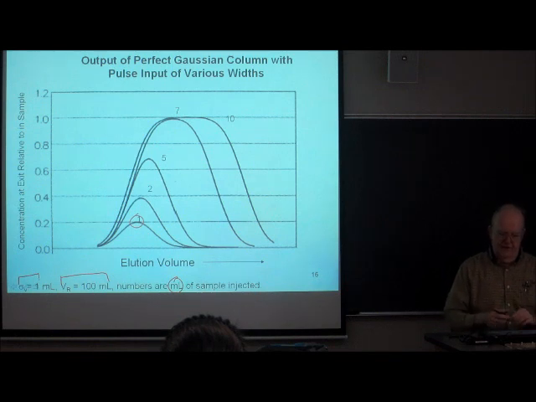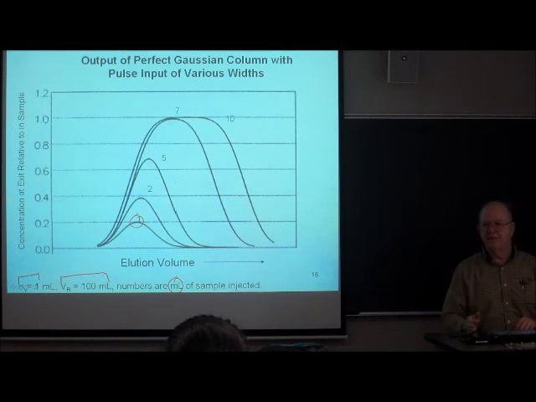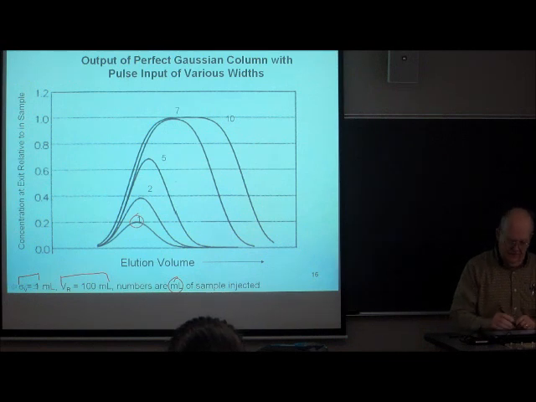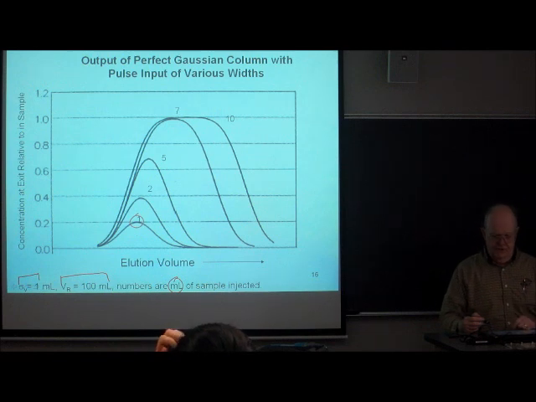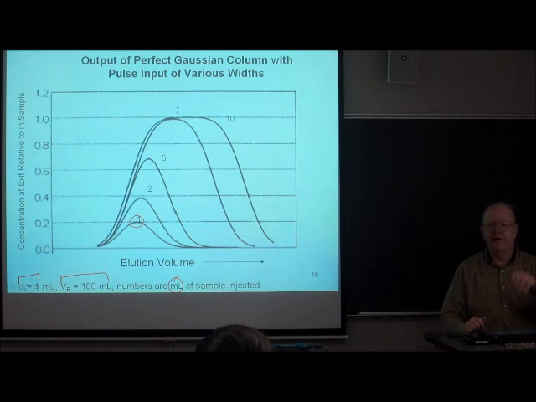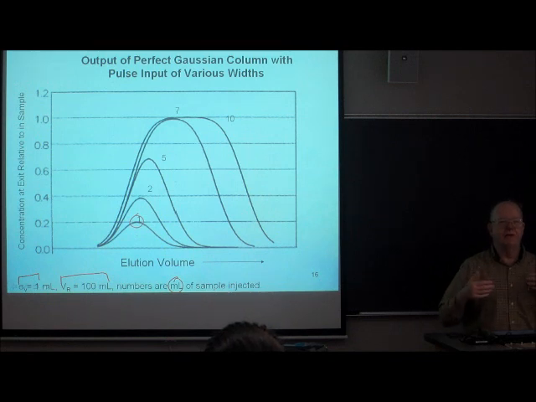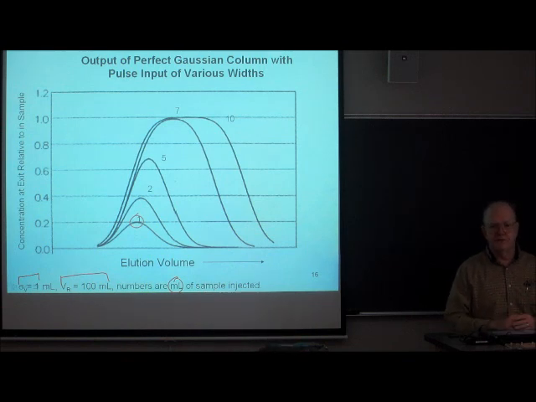So what I'm saying is, if you inject 1 ml into this column, you're going to get a peak that looks very, very Gaussian. If you inject twice as much, the area under that peak is going to exactly double. Why has it doubled? Because you've injected twice as many moles or twice as many grams of sample. The injection volume went from 1 ml to 2 mLs.